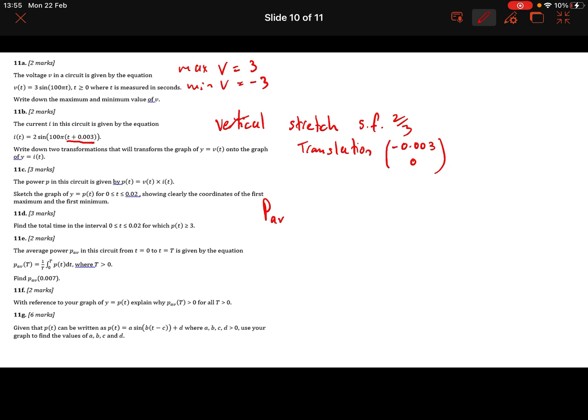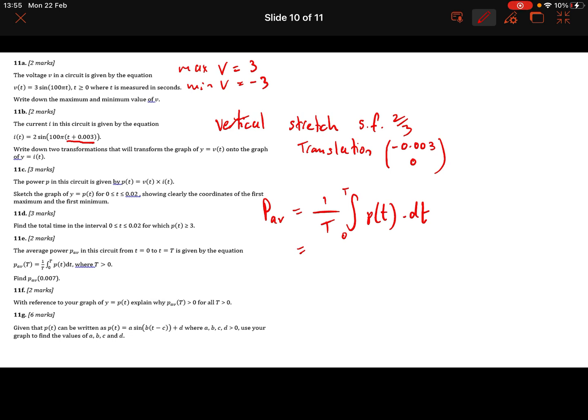So if we want to know what the average power is when time is equal to 0.007, then it's just going to be 1 over 0.007. I think I saw one of you copy it wrong. You put 0.07. It's a crazy way to make a mistake.